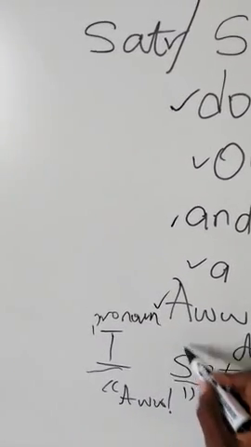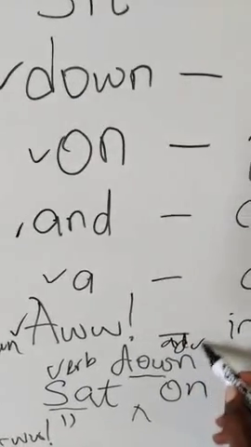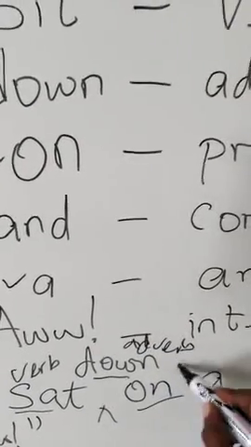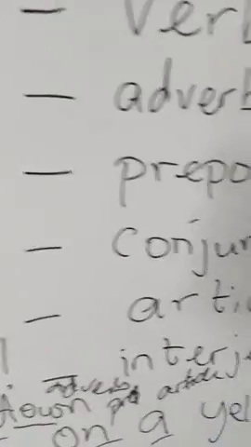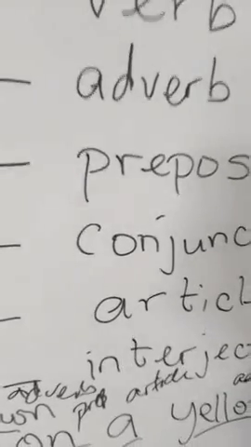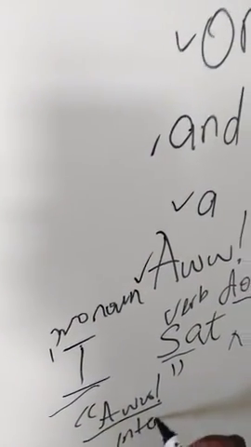Sat is a verb. Down is an adverb. On is a preposition. A is an article. Yellow is an adjective describing what? The chair, which is a noun. And is a conjunction joining chair and shouted. Shouted, as we all know, shout is a verb, a simple present tense verb, and that's a past tense form of shout. And then we've got ow as interjection.